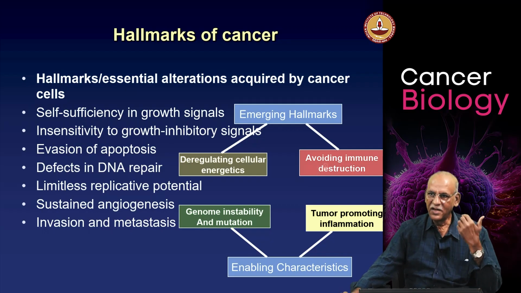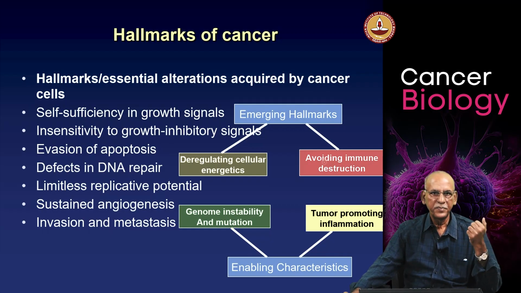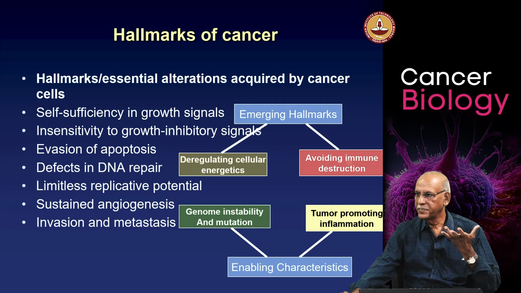When chronic inflammation, under some conditions they can be turning against us even. But avoiding immune destruction is an important mechanism, because immune cells protect us. So, the cancer cells have to avoid that immune protection. So, that is one mechanism they do that.